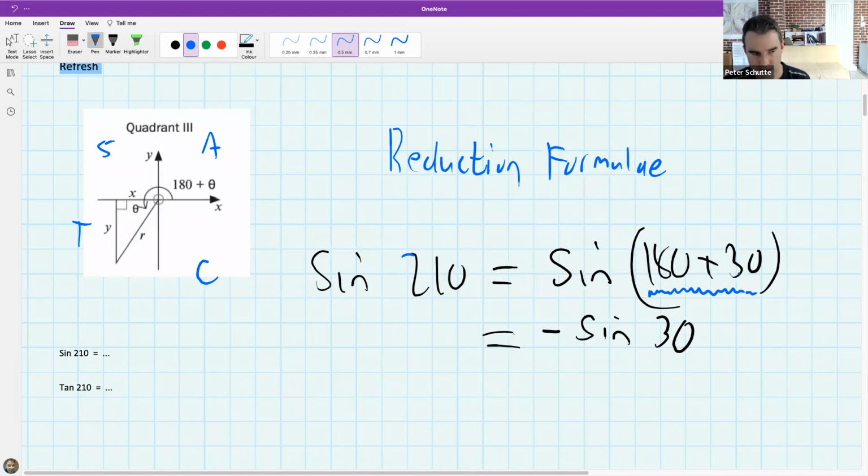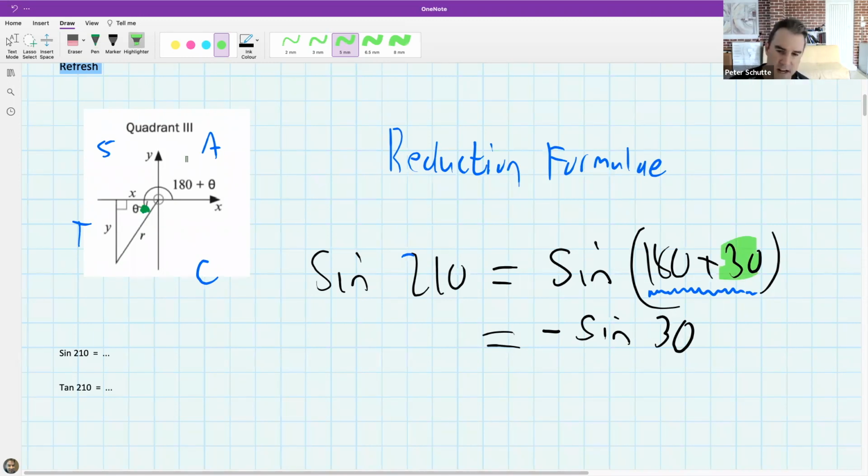And then we ask ourselves, I'm only interested in the angle which is inside the triangle. Now, if this is 210, the little bit inside it is just going to be 30. So I grab this 30 over here, and I ask myself, in this quadrant, is sine positive or negative? And it's negative, so the reduction formula is minus sine 30.